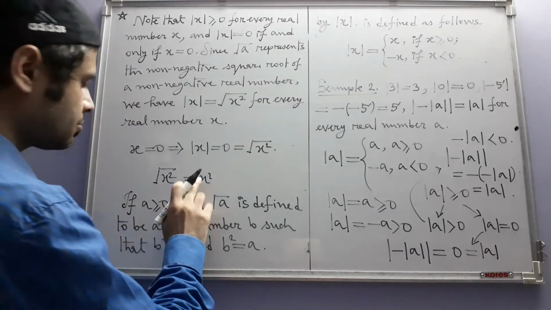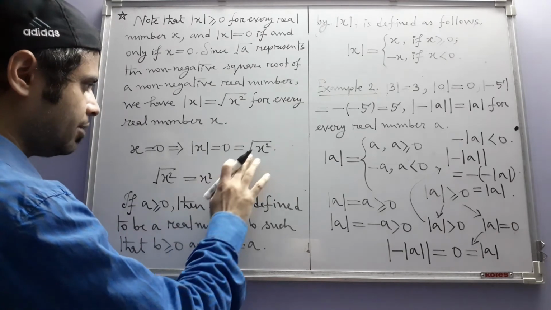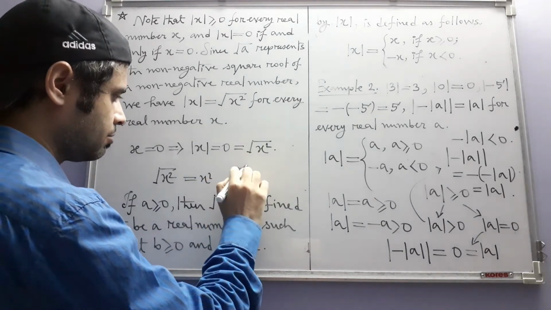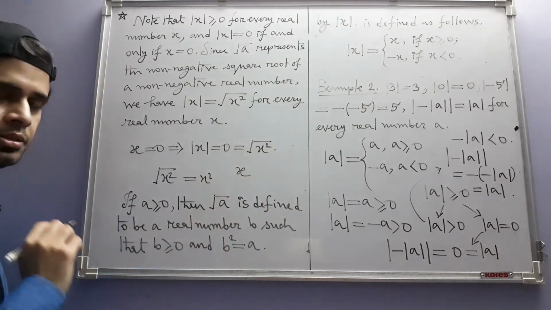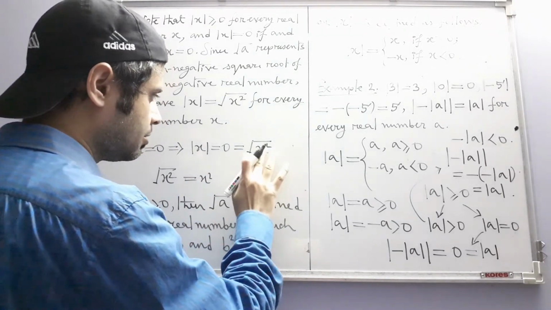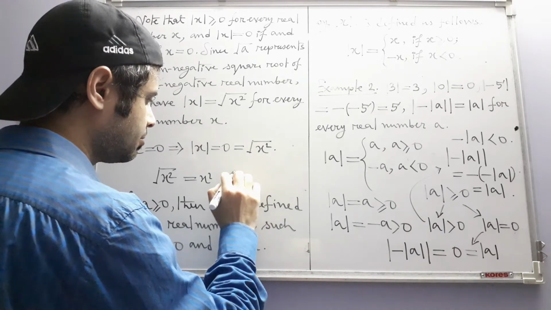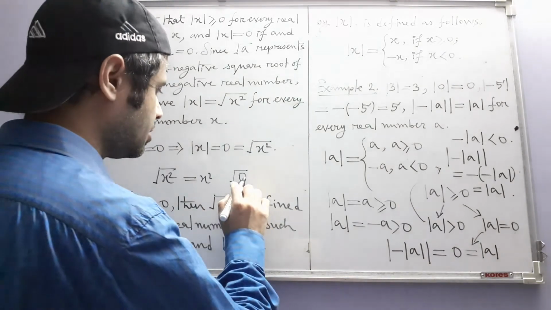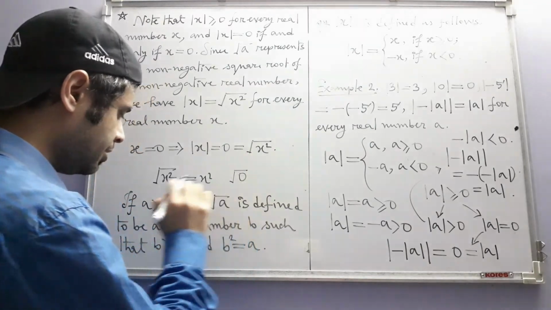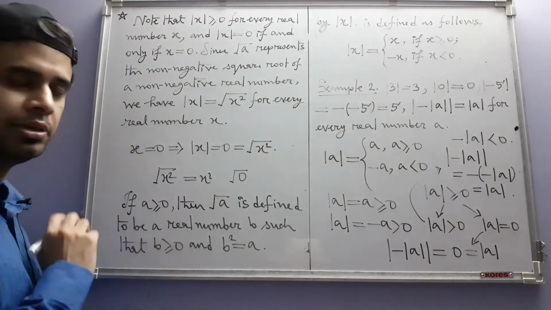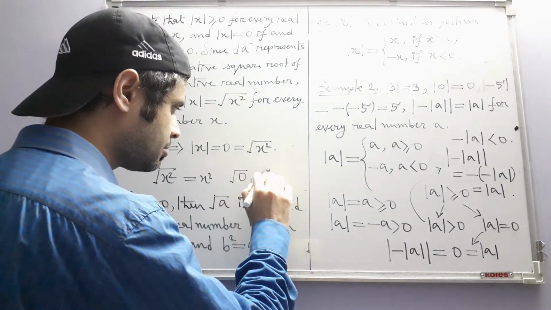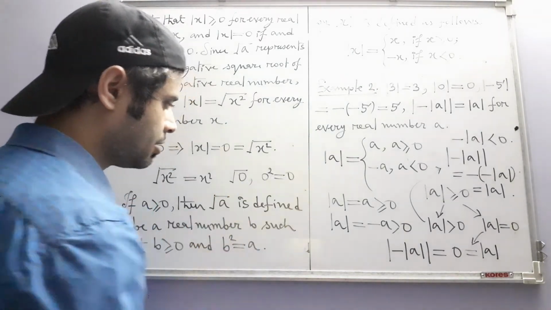Now, if x is 0, then on this side we have square root of 0. Now if 0 is a, then what is b? We can also take b to be 0. Why? Because 0 square is equal to 0.